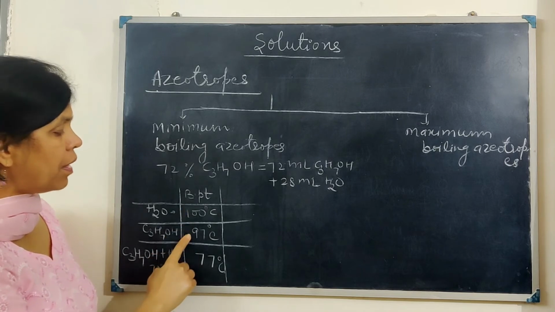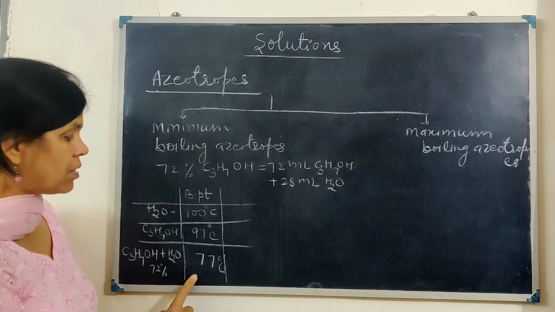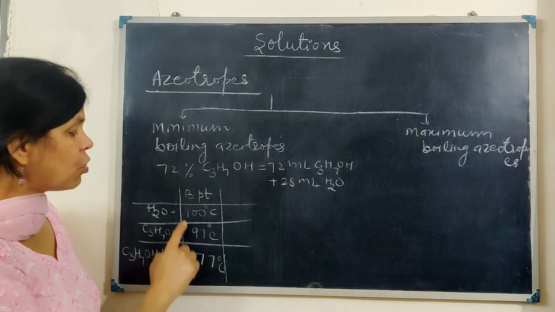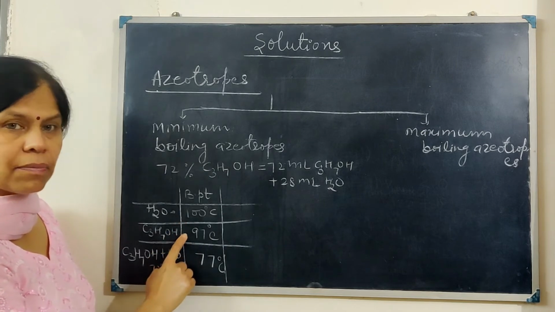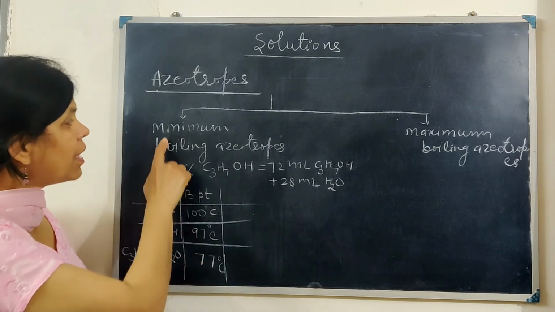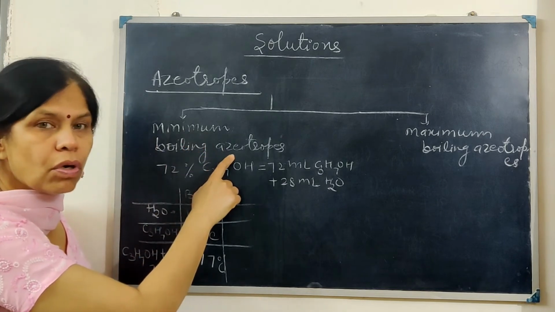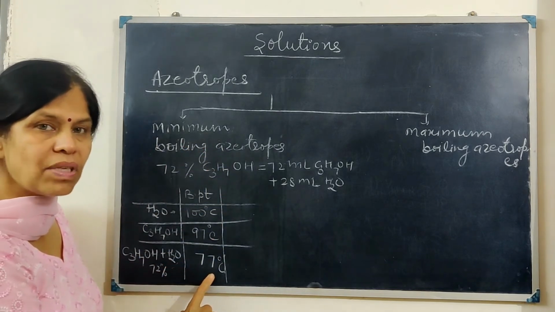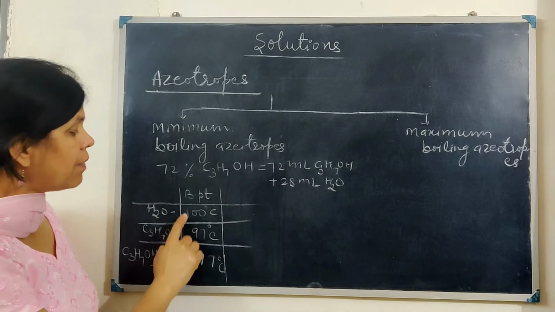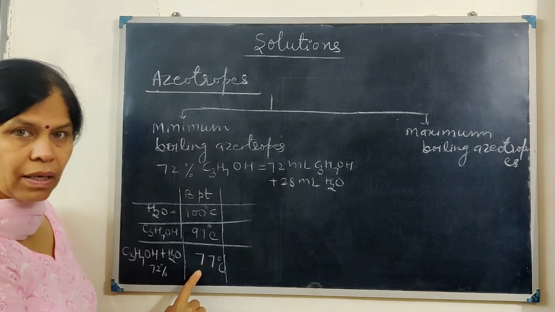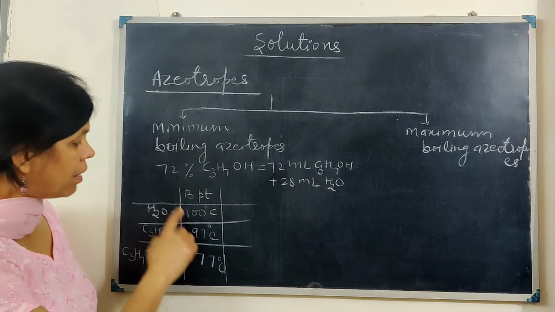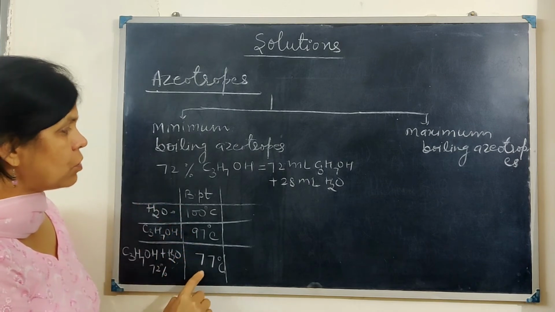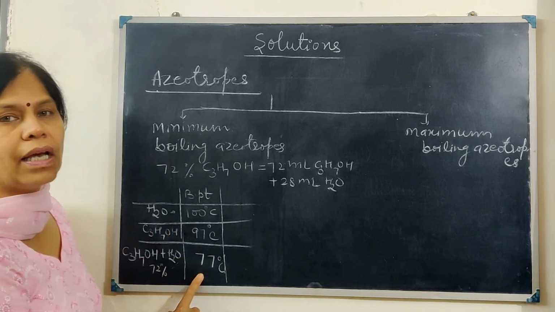So its two components have boiling points 100 and 97, but this mixture's boiling point is much lower than the independent components. So can we say it is minimum boiling azeotrope? Both the components boil at the same temperature, although their individual boiling points are different, and it is much below 100 and 97. So it is called as minimum boiling azeotrope.